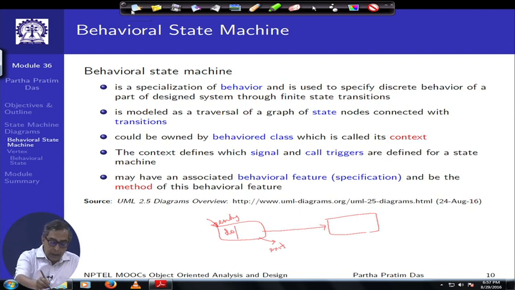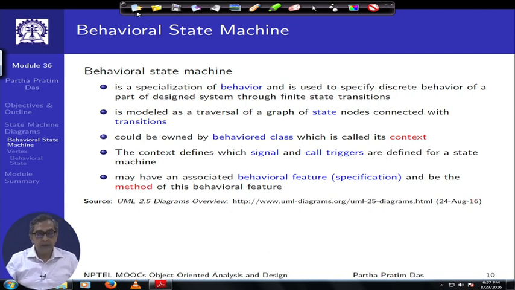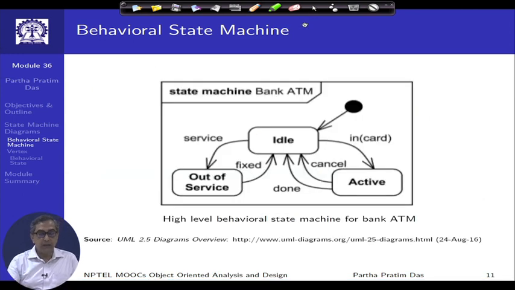The states in this context will often be owned by a behavioral class, which is called the context of the state, and which defines the signal and call triggers that will make an entry into the behavioral state of a behavioral state machine. So, let us slowly start taking a look into some of the possibilities.